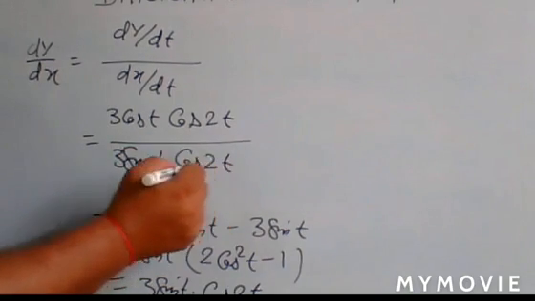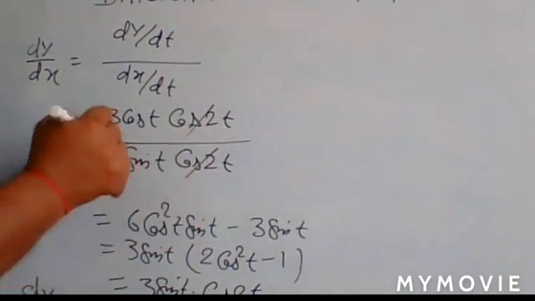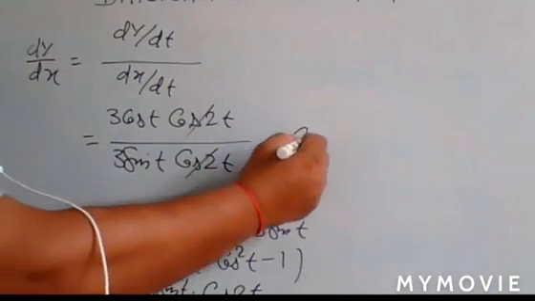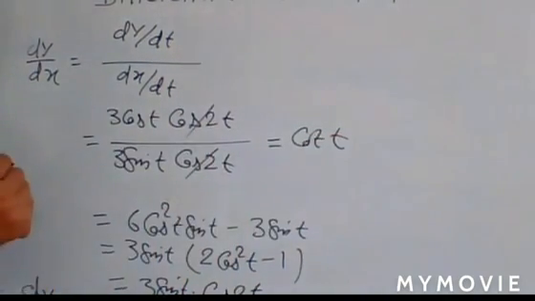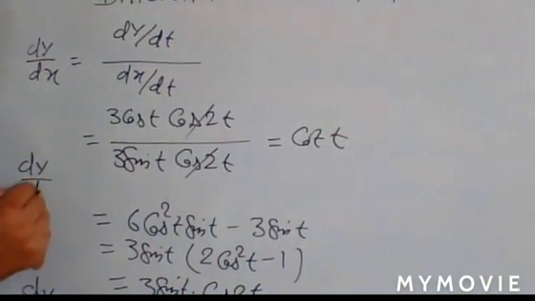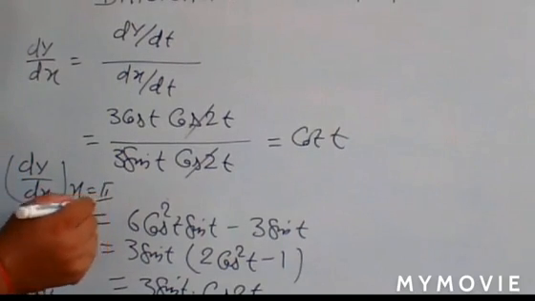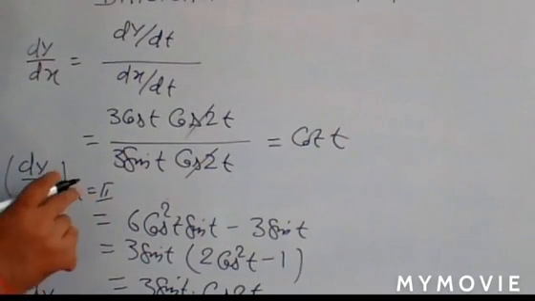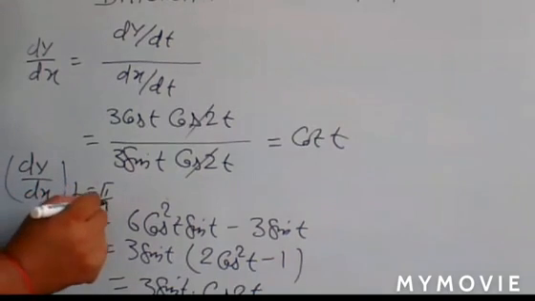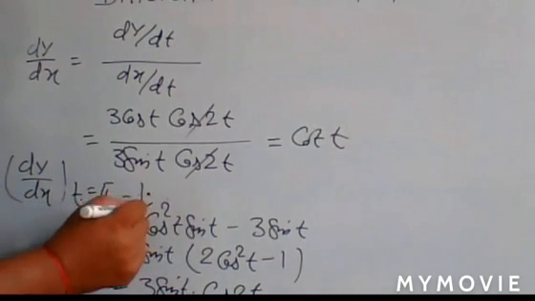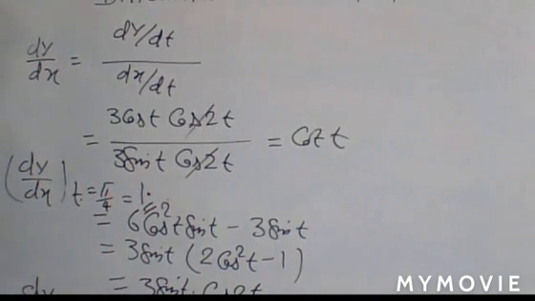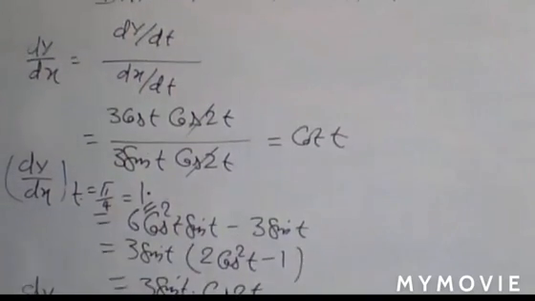The 3 and 3 cancel out, and cos 2t cancels, and you have cot t. So the value of dy by dx at x is equal to pi by 4, at t is equal to pi by 4, is equal to 1. Note it.